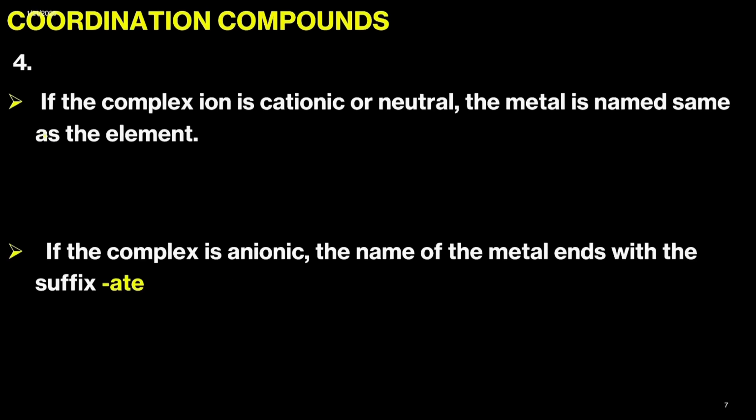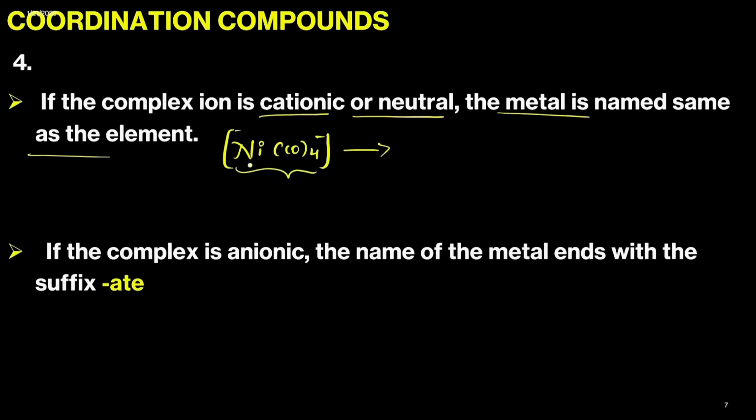Next rule is, if the complex ion is cationic or neutral, the metal is named same as the element. For example, let me take nickel tetracarbonyl. First, we have to name the cation. Here, there is no cation. Therefore, we have to start with the coordination entity. In that, first we have to start with the ligand. How many ligands are there? 4 ligands are there.